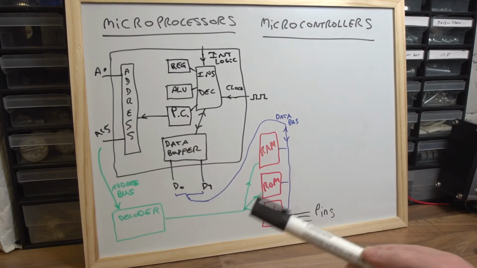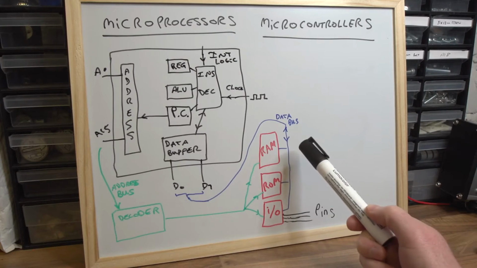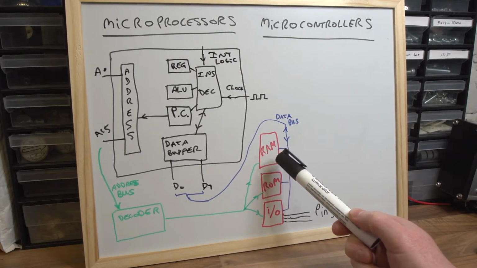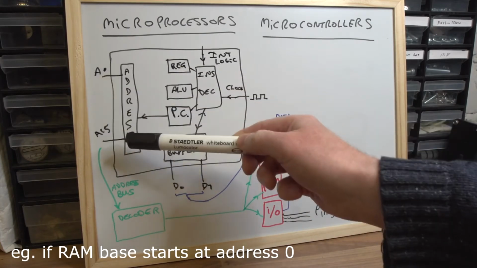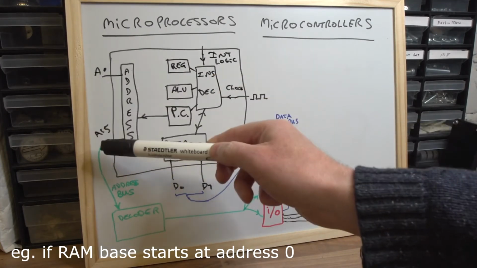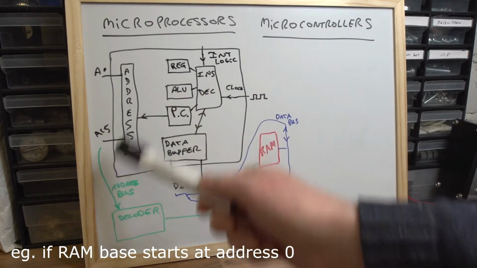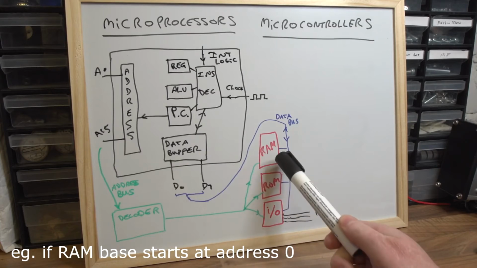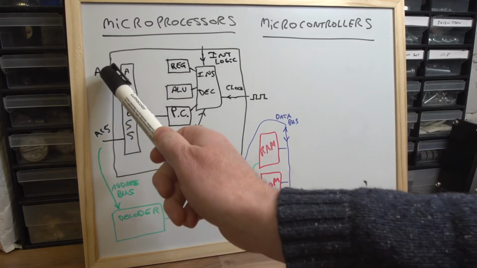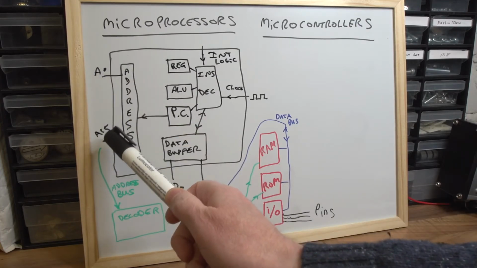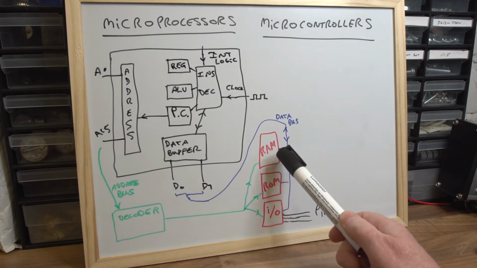So for instance, if we said our RAM section, just as an example, it can be anywhere, but let's just pick an example. If the RAM section was at the very bottom of the address space, starting at address equals 0. If this was all zeros from A0 to A15, binary value of 0, then if that's what I wanted to do and address the RAM, the decoder would be wired in such a way and set up in such a way that when we get an A0 to A15 0 address, then the decoder would say, okay, switch on the RAM, enable the RAM.